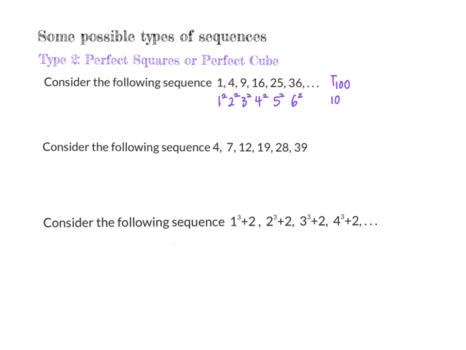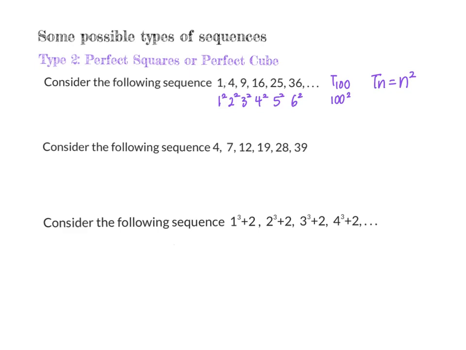It will be 100 square. So if it's term n, that will be n square. This is the first most basic type of equation that you should realize. I probably need to encourage you to memorize this series 1, 4, 9, 16, 25, and 36, and so on and so forth. Now there can be a couple of spin-offs from perfect squares.